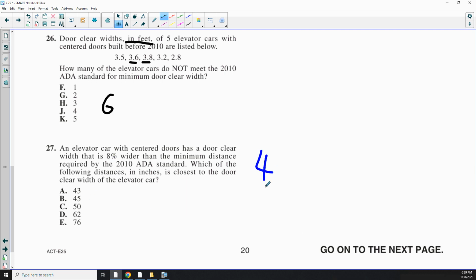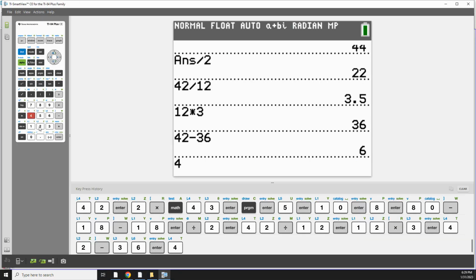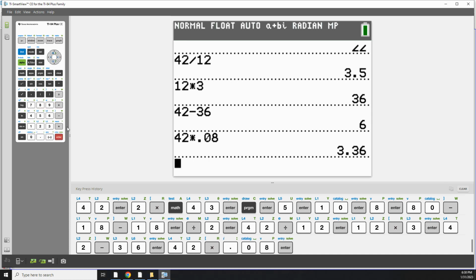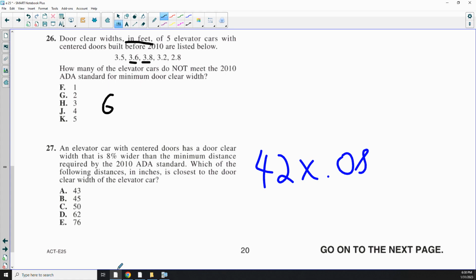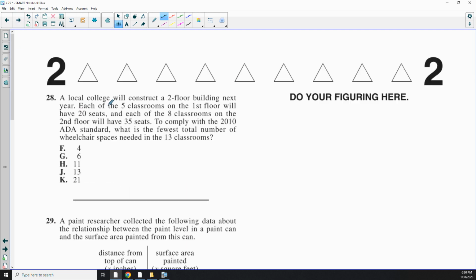So I would multiply the 42 by 0.08. So that would be 42 times 8%. And of course, that would be the increase, and I would add it to 42. So that would be about 45.3. So the closest to it would be 45.